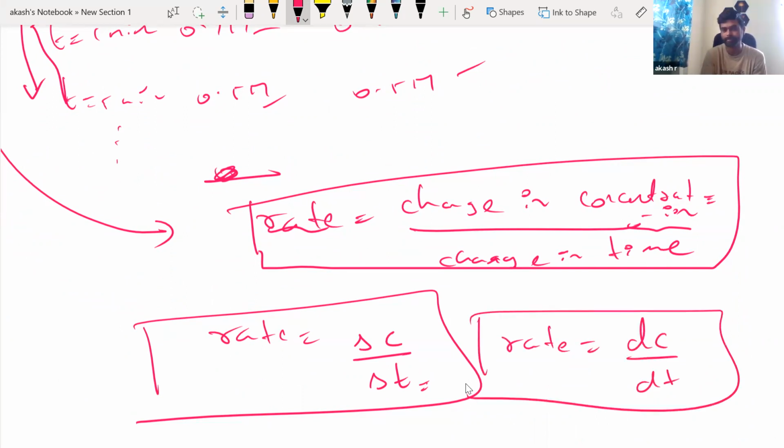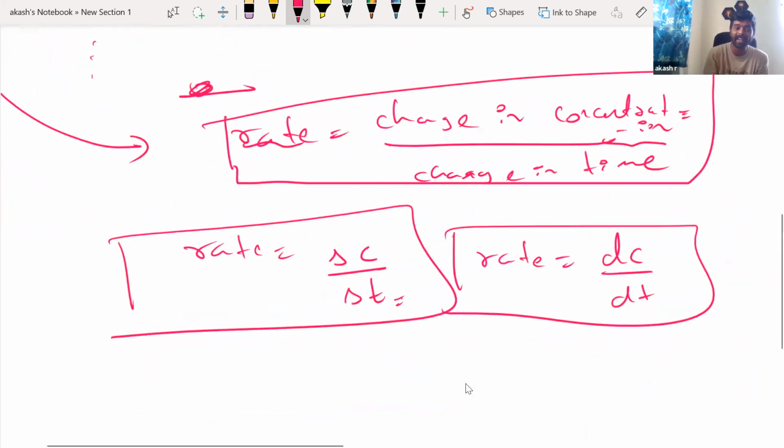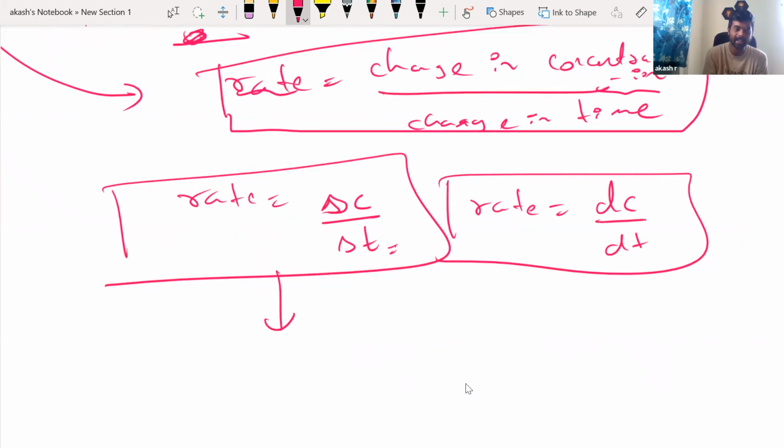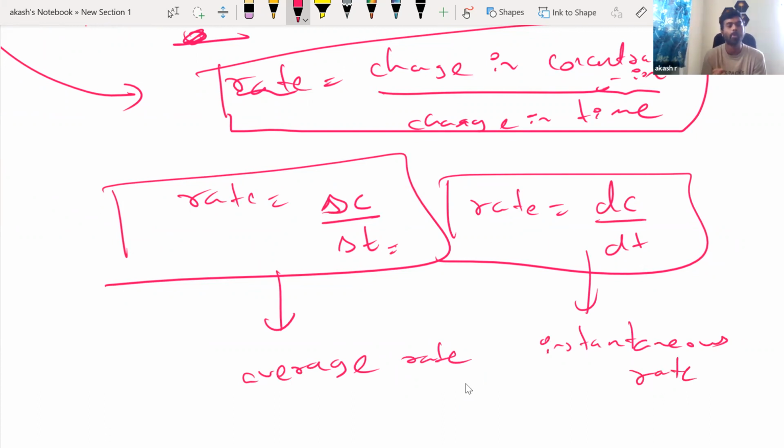That is also right. Now what is the difference between these two? When I write del, this is average rate. And when I write D, this is your instantaneous rate. Both are change in concentration by change in time.